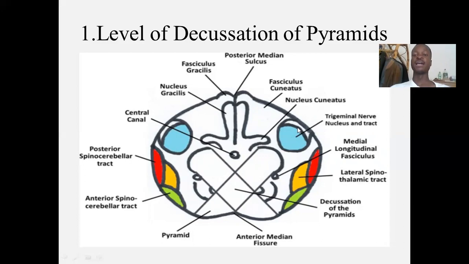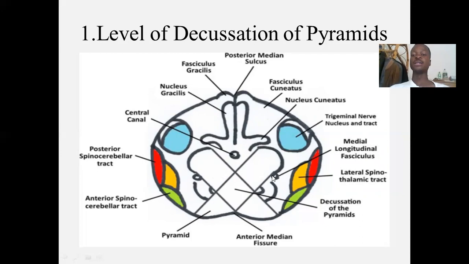Then this is the trigeminal tract and its nucleus. Remember, the nucleus will actually be just medial, and this is the tract, right? And they're going to form that tuberculum cinereum that we saw on the dorsal aspect of the brain. Then this is the medial longitudinal fasciculus.